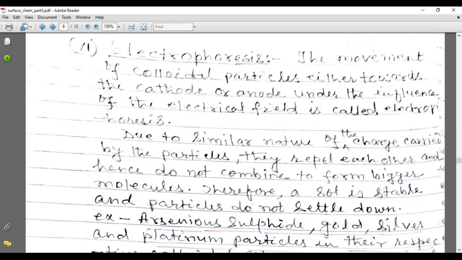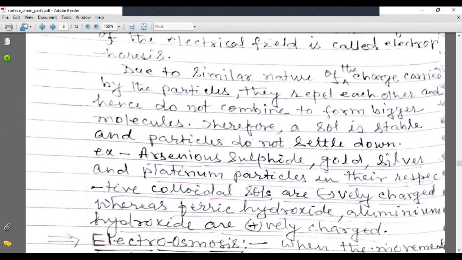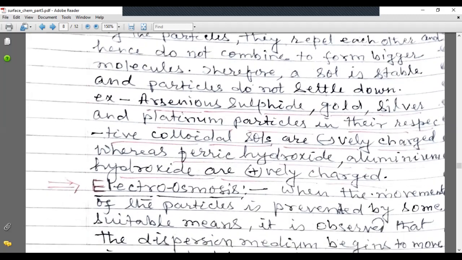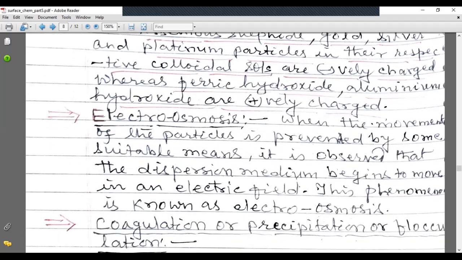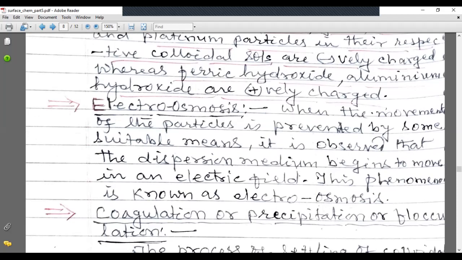In electroosmosis, movement of the dispersed particle is not allowed. It is already prevented by using some suitable means, but on the other hand, the dispersion medium begins to move under the same electrical field. Only then is it known as electroosmosis.